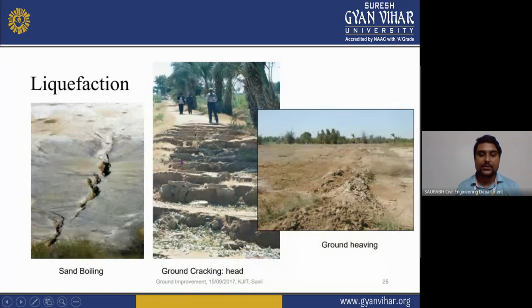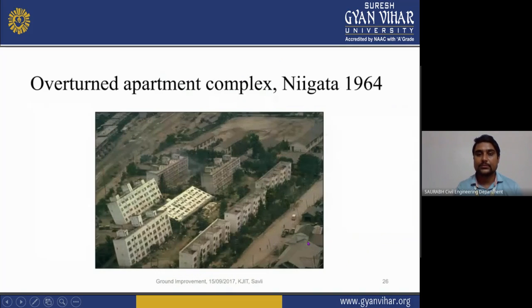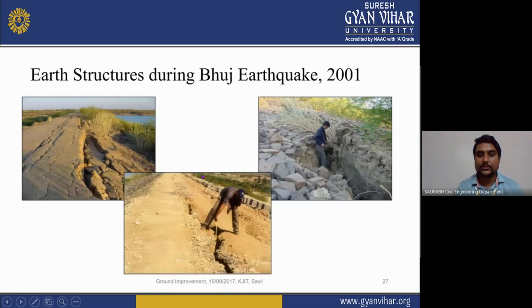Now come to liquefaction. As you can see here, there is sand boiling, ground cracking, and ground heaving. This apartment overturned and collapsed due to liquefaction of soil, as you can see in this image.